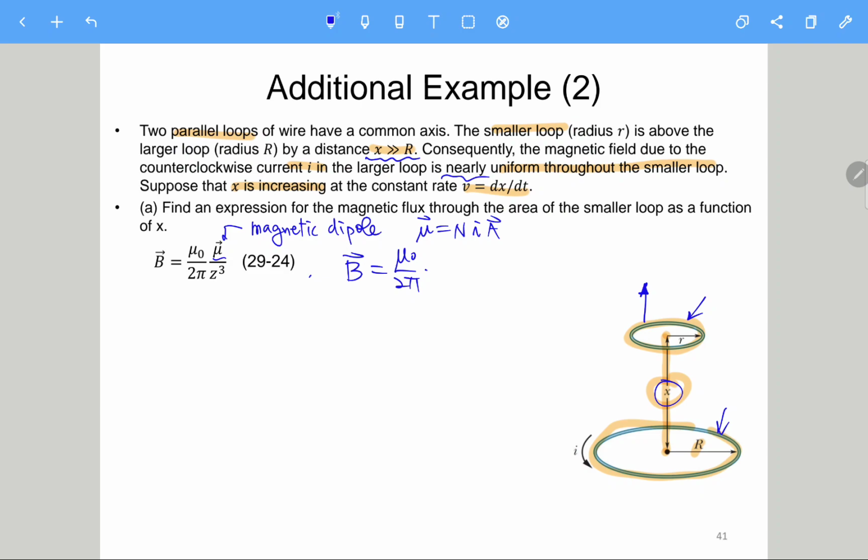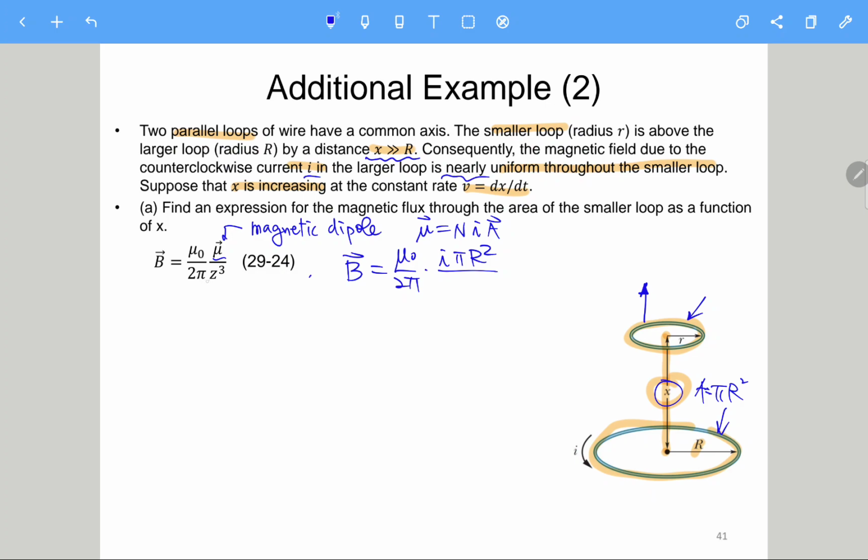Now we have N equals 1, and I is I here. And the area of the larger circle should be pi R squared. So this mu should be I times pi capital R squared, which is the dipole moment of the larger loop, as we have a current on the larger loop.